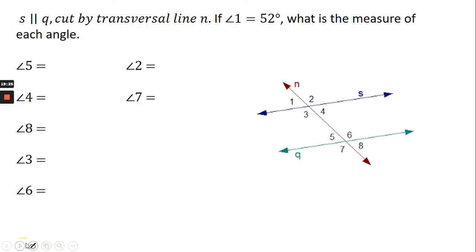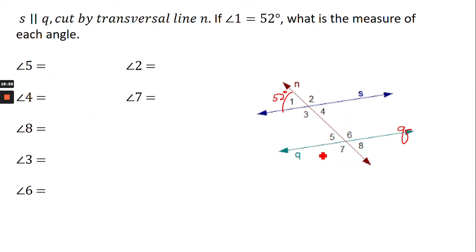Okay, next. If line S is parallel to line Q, cut by transversal line N, and angle 1 is 52 degrees, what is the measure of each angle? We are going to identify the measure of the following angles.